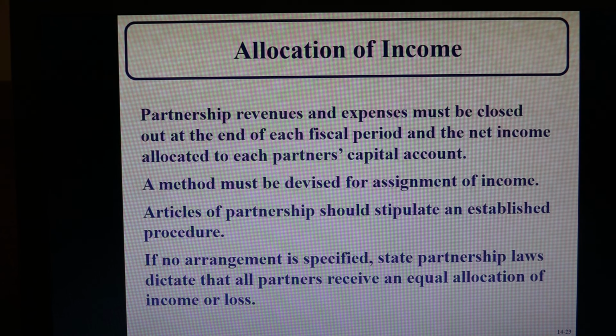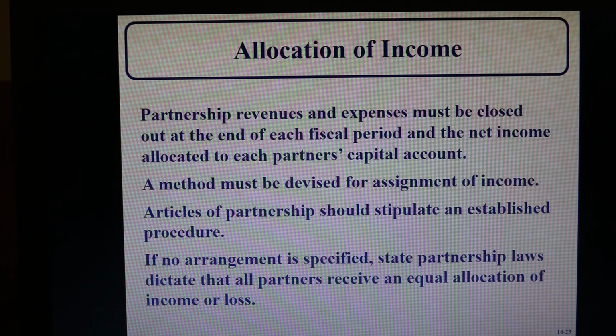Well, you look to the partnership statutes, UPA and RUPA, that state that if there's no allocation in the partnership agreement concerning losses, you simply divide them in the manner that the partnership agreement outlines for the allocation of income.